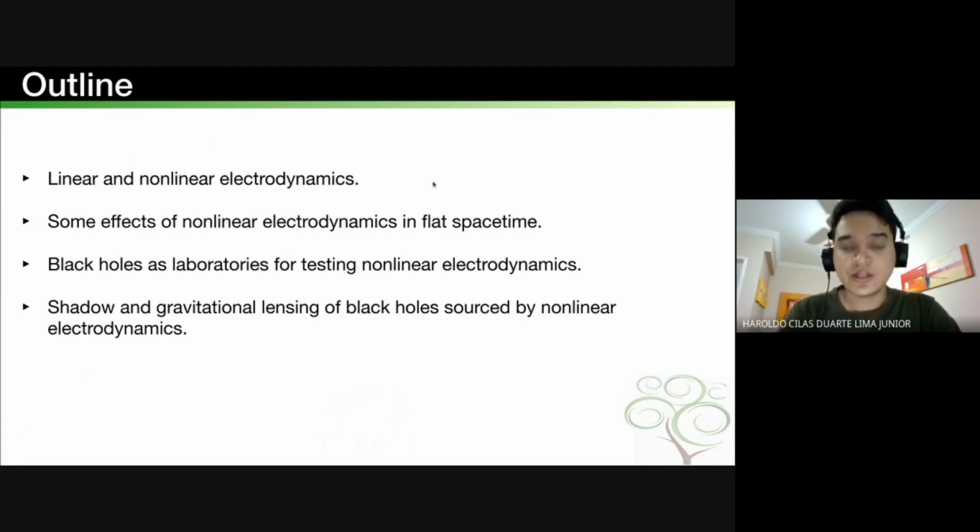Then I'm going to generalize the results to curved spacetime, in particular to curved black hole spacetimes, and then we are going to use black holes as laboratories for testing nonlinear electrodynamics. And finally, I'm going to discuss the shadow and the gravitational lensing of such black holes which are sourced by nonlinear electrodynamics.